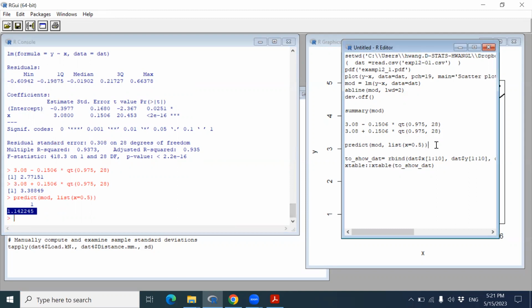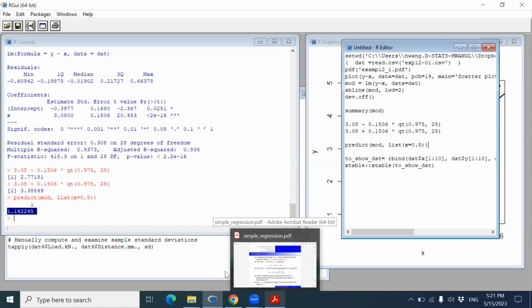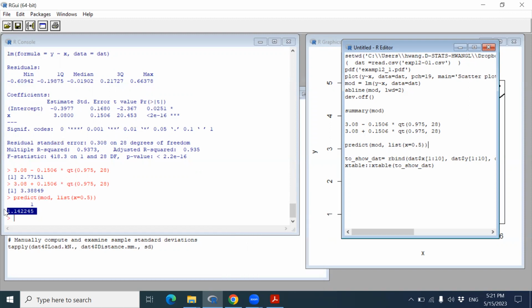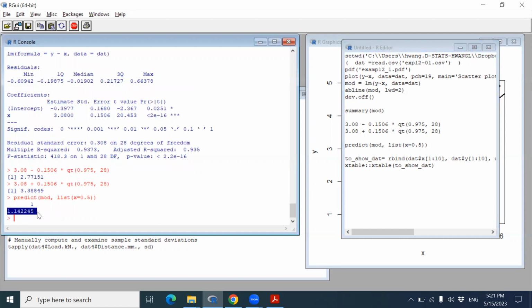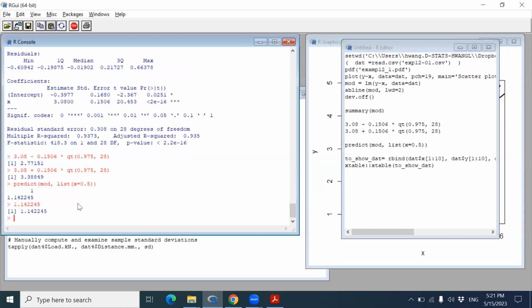For this one, if we want the confidence interval of the mu, you'll have to use this value plus or minus the standard error for the mu hat, times the t critical value. So basically what will happen is that this value, let me write it down, is our mu hat. For this mu hat, we need to do plus or minus the qt, the t critical value, just like in the previous case, 28 degrees of freedom, but we need to multiply by the square root of the stuff in the standard error part.